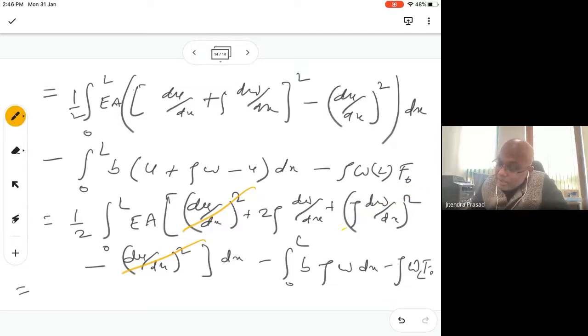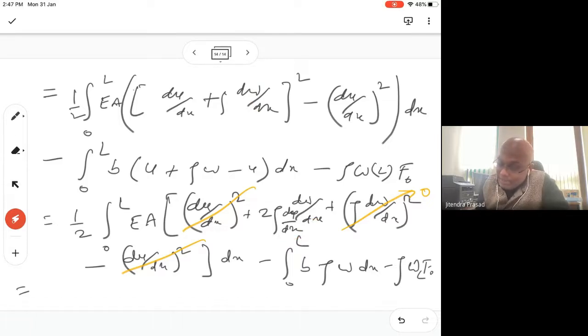Because of that, this will also be 0. So what we have is 2 zeta, and sorry, we will have dw over dx as well here, so we missed that. We have both du over dx and dw over dx together.